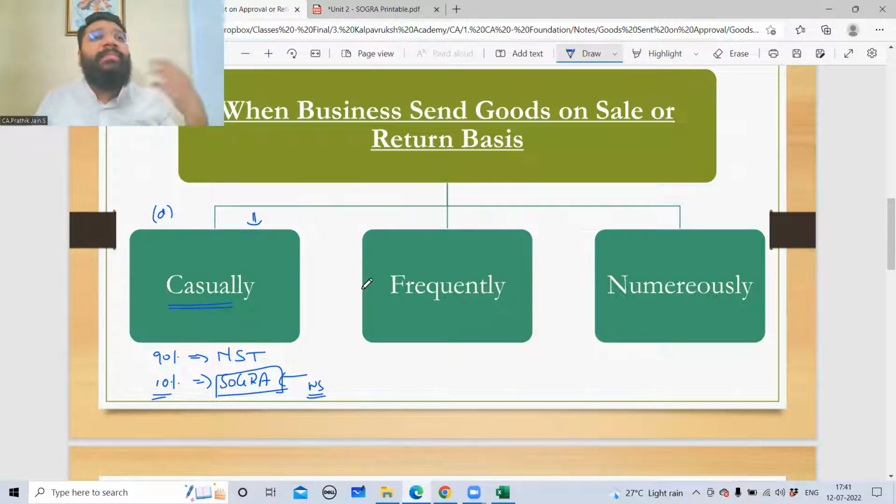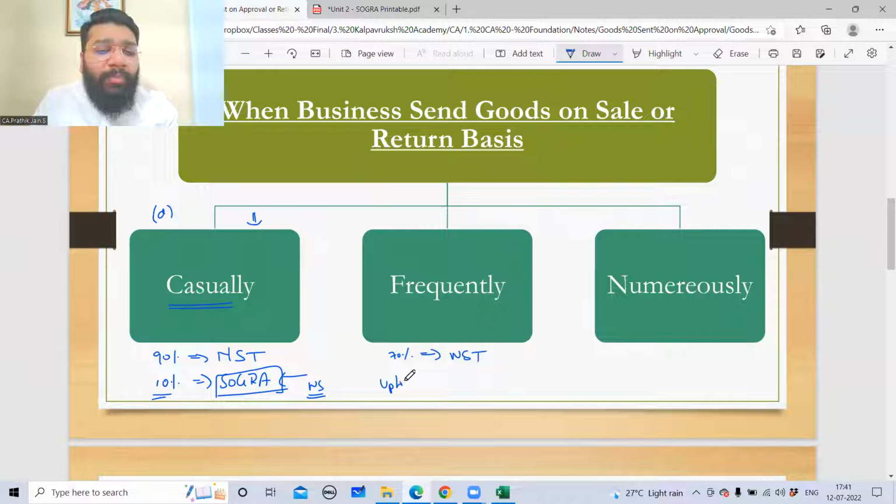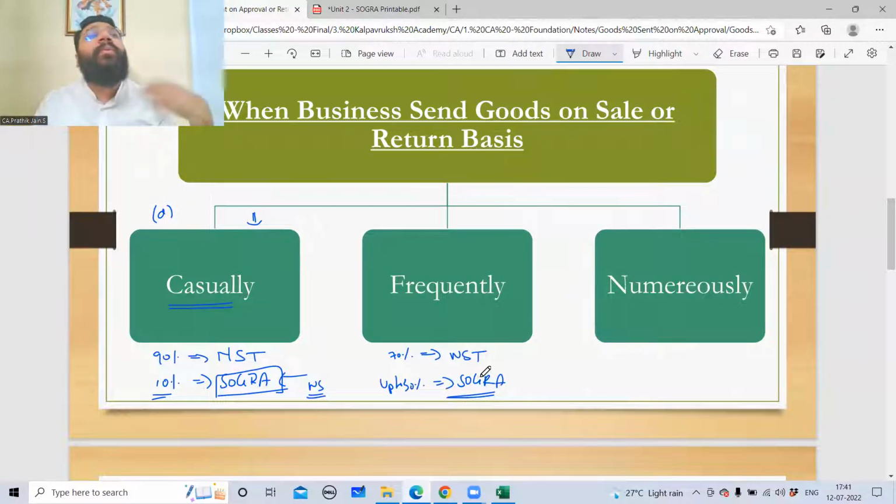Then there are certain businesses where you can say 70% of the transactions take place as normal sale transactions, whereas up to 30% of transactions happen on this basis. So if it is termed as frequent transactions, it is not too many, not too few, somewhere in between, and these transactions are slightly fewer than the normal sale transactions.